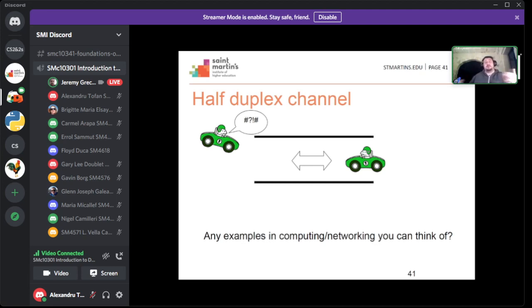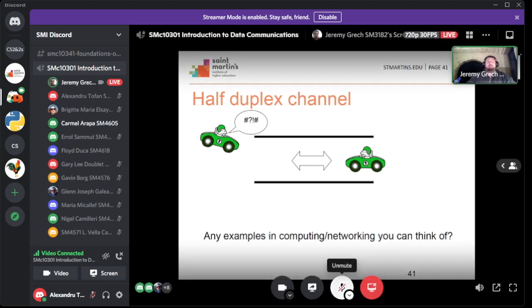You cannot cross at the same time, but the bridge can allow cars to travel in both directions. If one car is going in one direction, it has to wait for the other car to go in the other direction, and vice versa. So, can anybody else come up with an example of this type of communication?